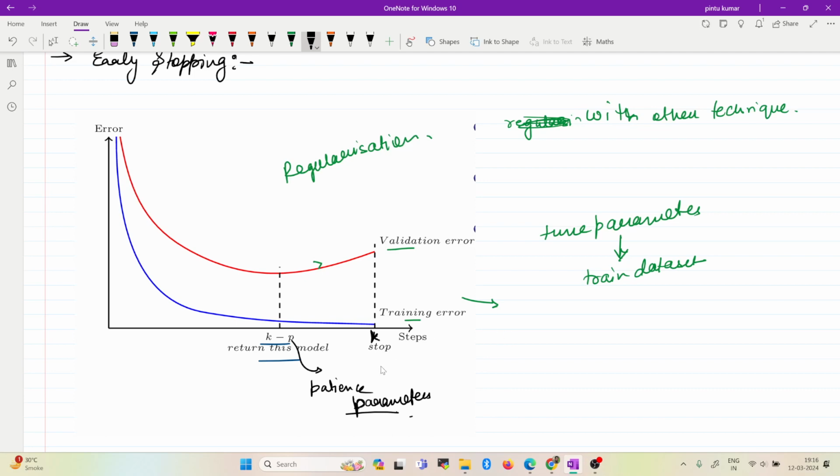What you will do is look at validation loss from K minus P to K. You look at this stretch that I highlighted in yellow. If you observe that the validation loss is decreasing or has become constant, then you will stop your training at the kth iteration.